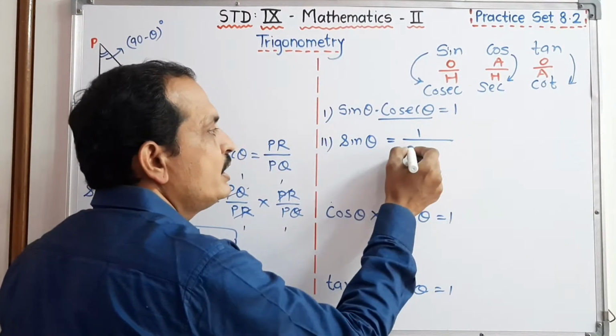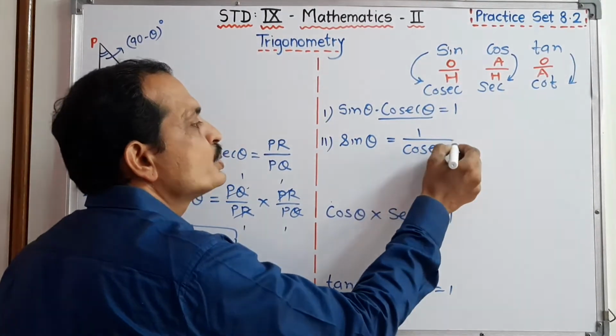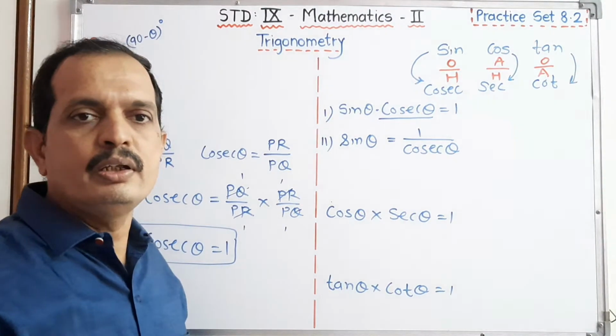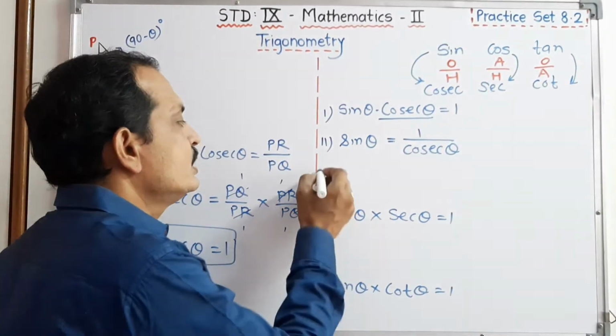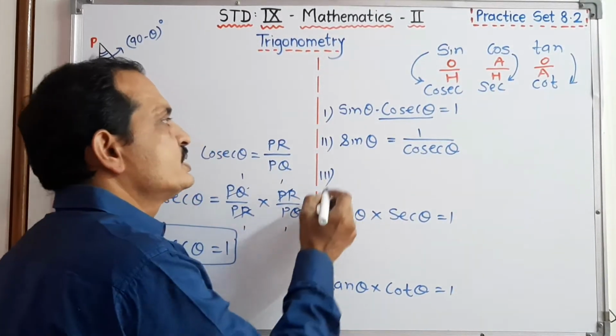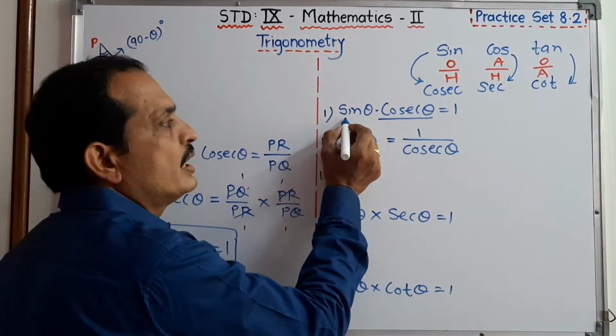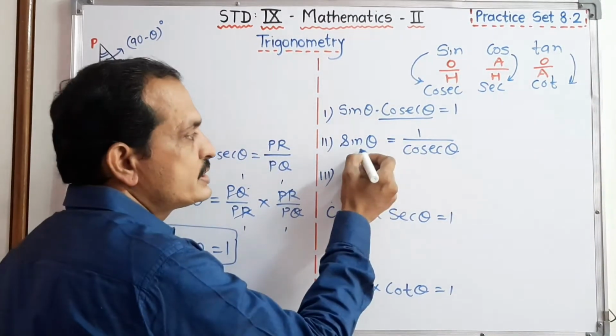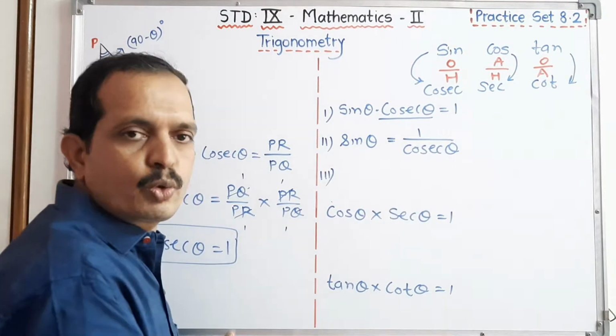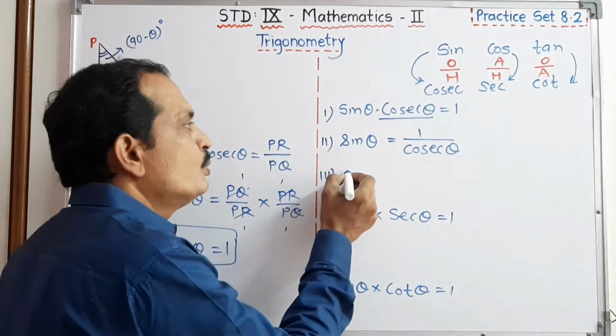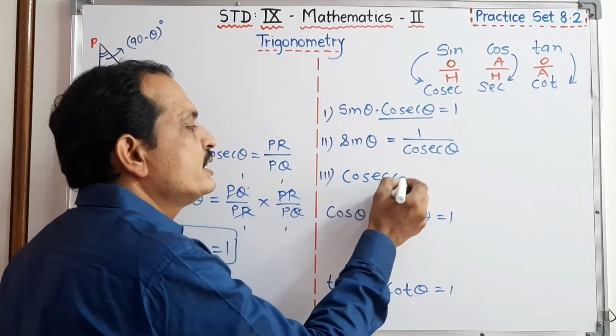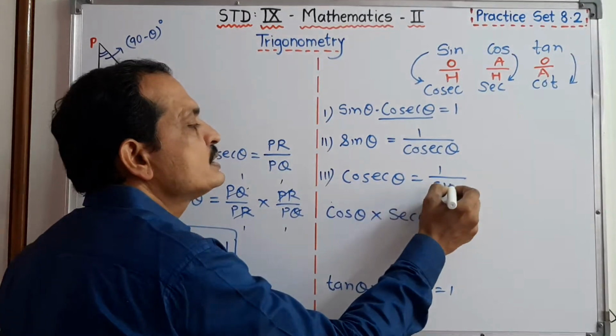Therefore, sine theta is equal to 1 upon cosec theta. Got it? This is another relation. Similarly, we can write cosec theta is equal to 1 upon sine theta.